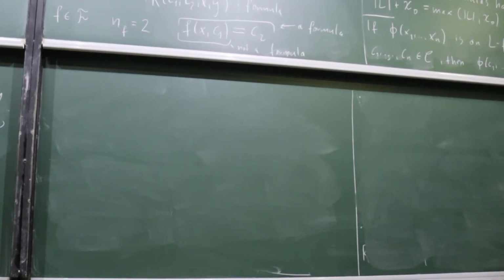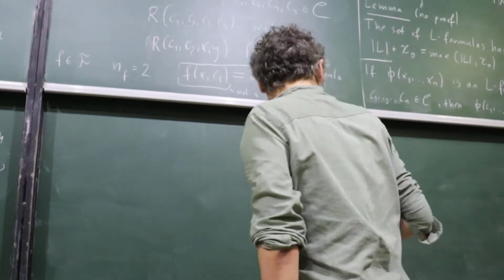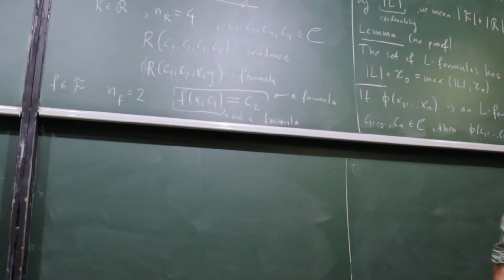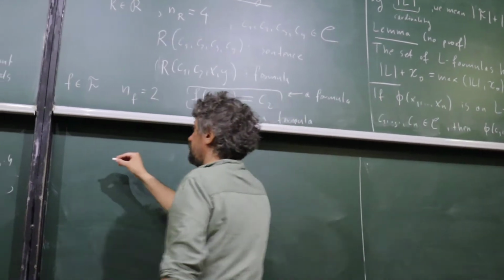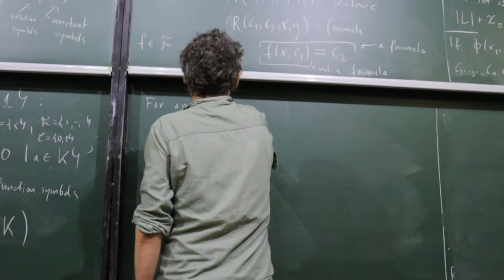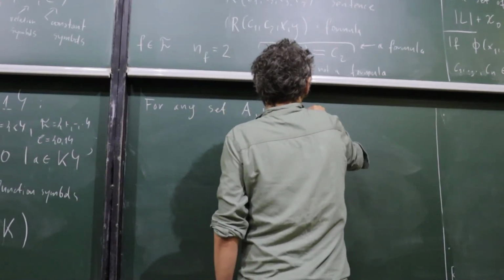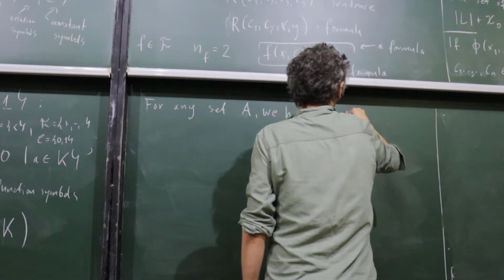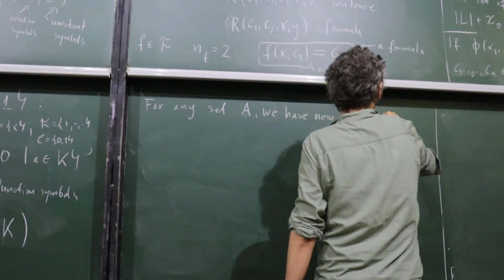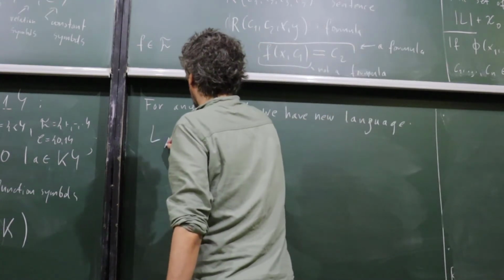Okay, and one more last formal thing. Now we have this language and take an arbitrary set, some more sets. So for any set A, we have a new language L_A.